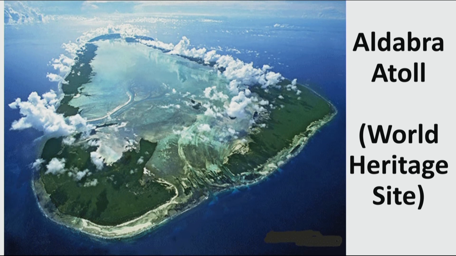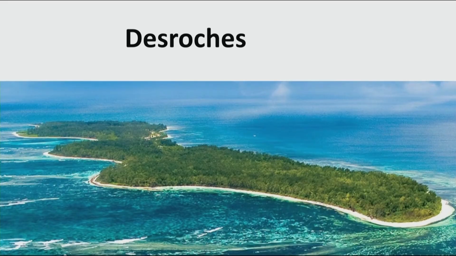Of course, we have the Aldabra Atoll. Okay? And don't forget that Aldabra Atoll is a World Heritage Site in the Seychelles. So yes, Aldabra Atoll is a Coralline island. Des Roches is another one.